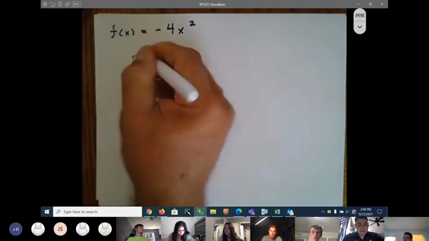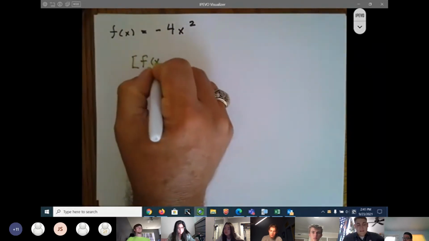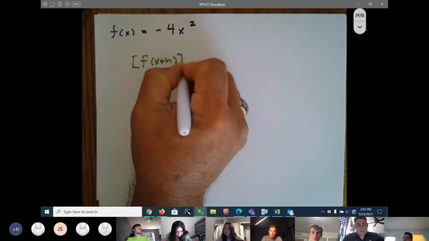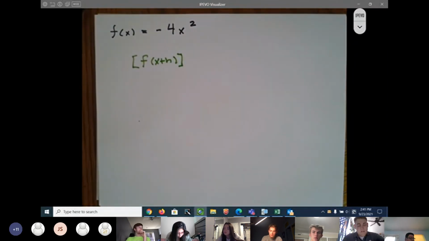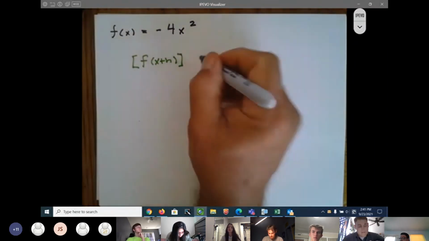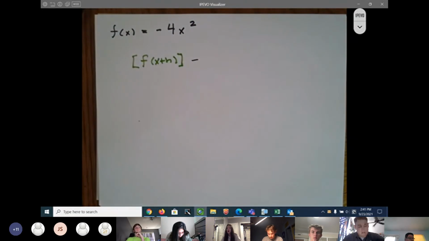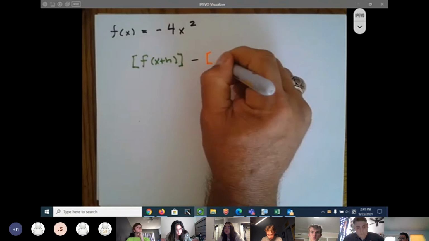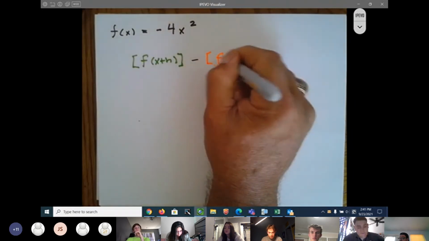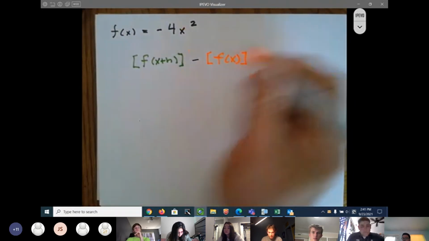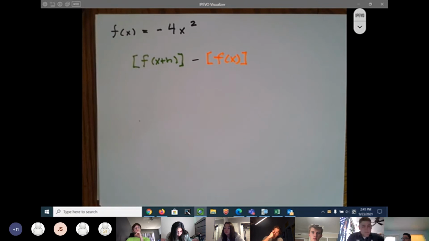f of x plus h in green, minus f of x in orange, all over h.